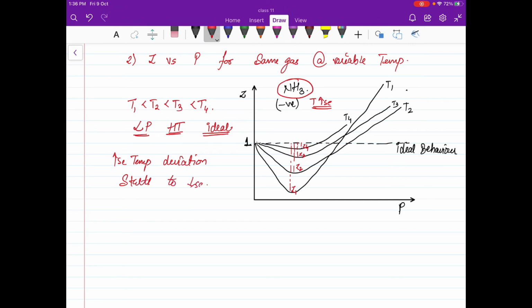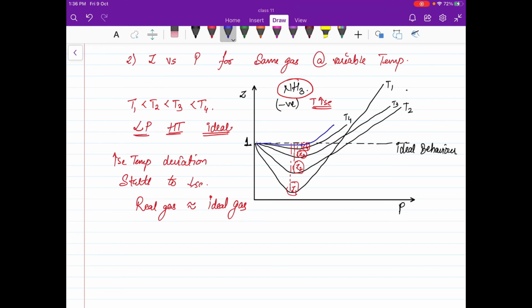That means the real gas tries to come closer to ideal gas behavior, and that is what was observed over here. At temperature T1 the depth was this, at T2 the depth decreased, at T3 it decreased, at T4 it decreased, and if I go beyond T4, let's say T5, you will see the graph almost something like this, very close to the ideal behavior, right?